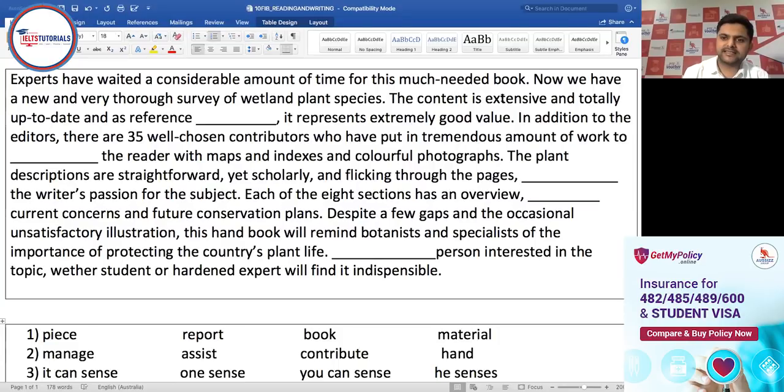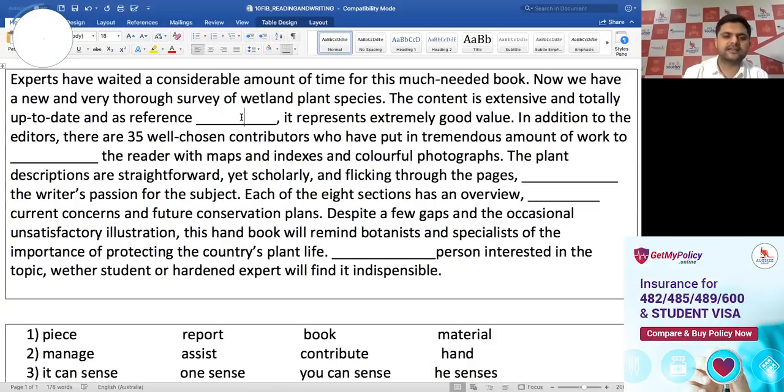The content of the book is extensive and totally up to date and as a reference dash. So reference piece, reference report, reference book, or a reference material. Now here they're talking about the content of the book and not the book. So the most suitable word here that creates meaning is material.